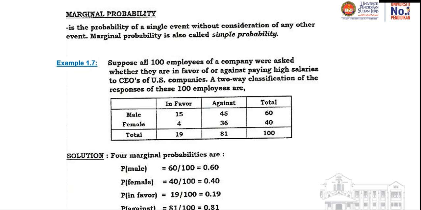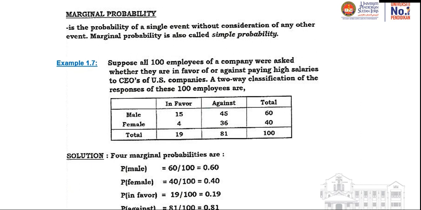Okay, next is about marginal probability. Marginal probability is also called simple probability. If you remember, the first part of the video covered simple events and compound events. A simple event is basically referring to only one outcome.